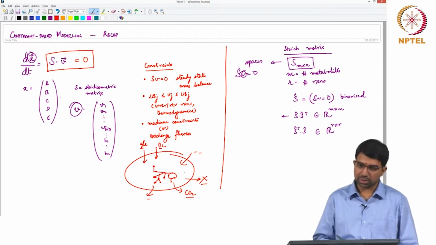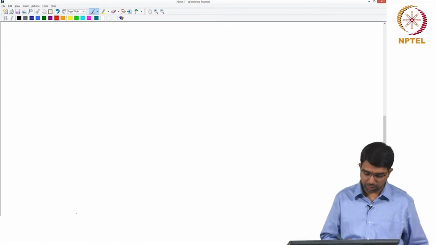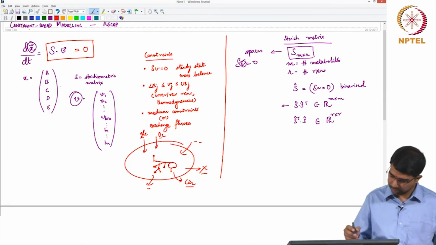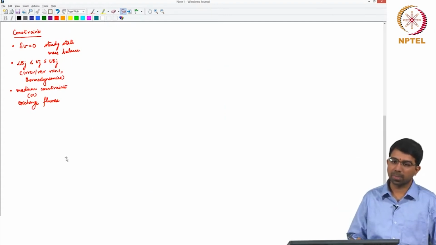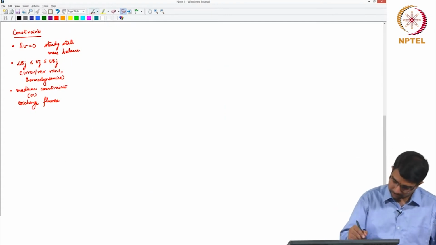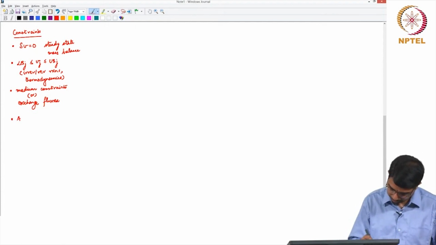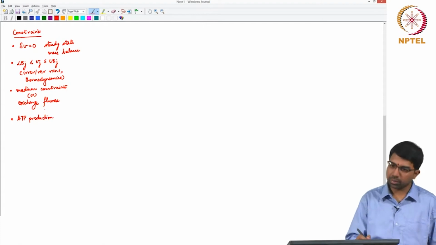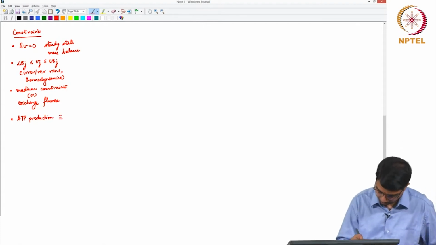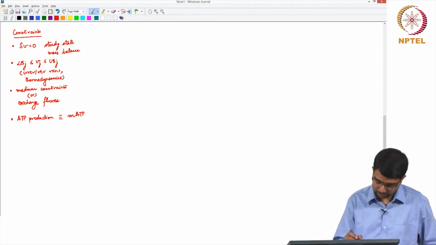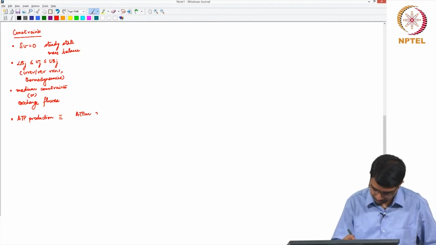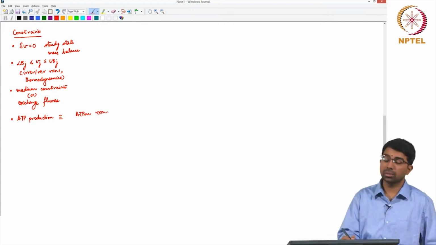And another very important constraint that we briefly discussed was that of ATP production, or what is usually called the ATP maintenance, the ATPM or ATP-M reaction in many models.